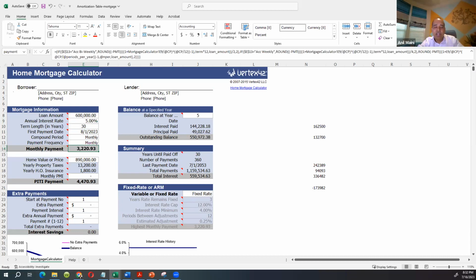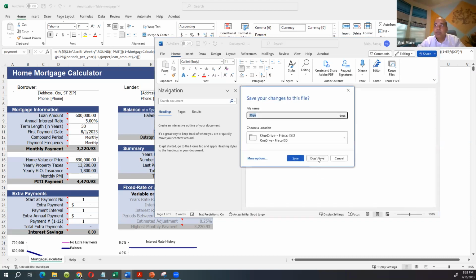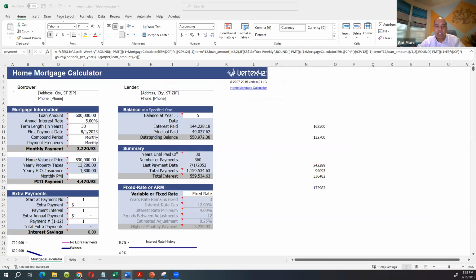So we will just write down these numbers in an Excel sheet somewhere. So let me open a new Word doc just for us to write down some numbers. So the 30-year mortgage is, actually, instead of Word, it's better to just do an Excel sheet.